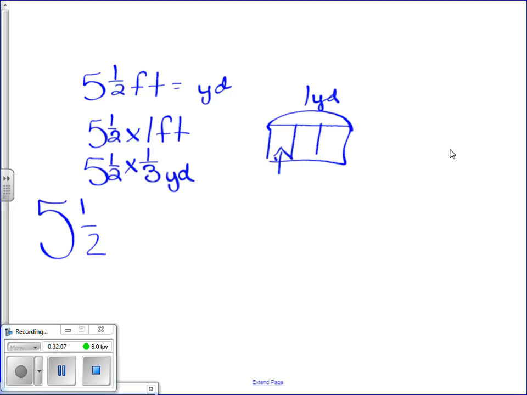To make an improper fraction into a mixed number, you have to divide and subtract, so you have to do the opposite: multiply, add.